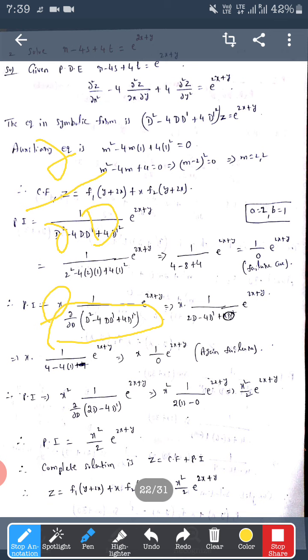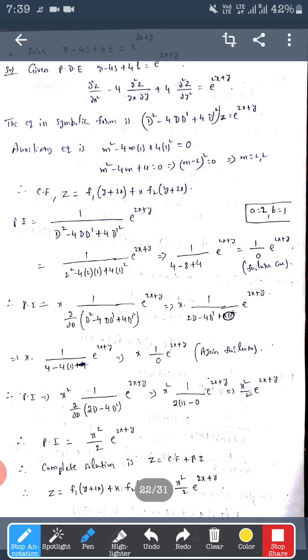We have to differentiate partially with respect to capital D. Therefore, dou by dou D of D square becomes 2D. Therefore, this is 2D.